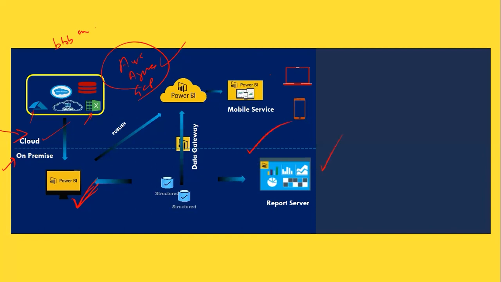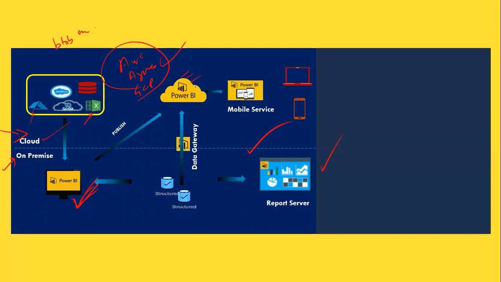Whatever you can do with Power BI cloud, the same thing you can do here. In Power BI cloud service, you can share the reports, or enhance the existing published report, or create a new report also. But you cannot do data modeling here. Once you publish the report, you can do enhancements, and you can also load the data directly on cloud.